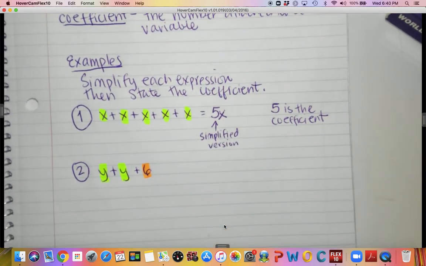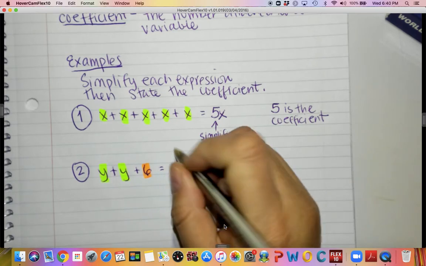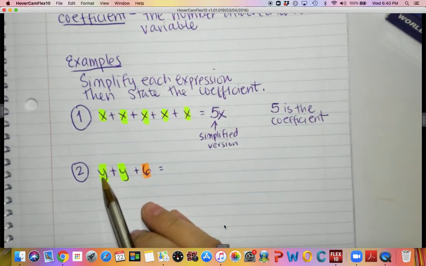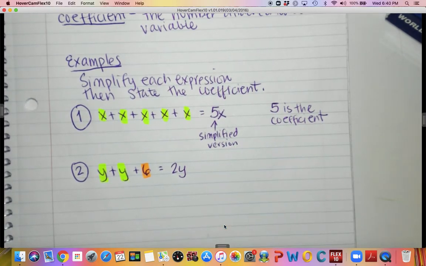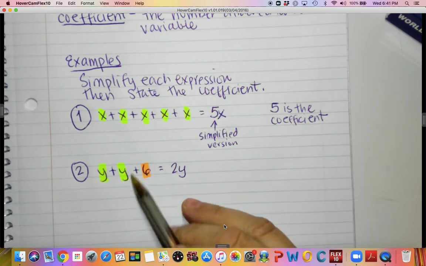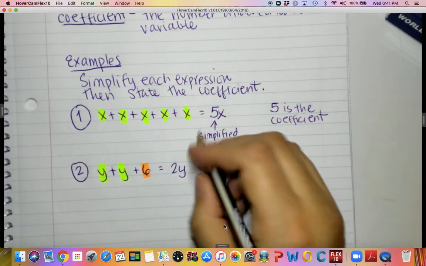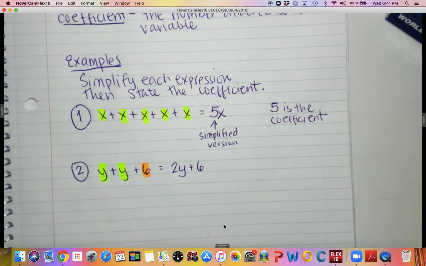The 6 doesn't have a y, and I cannot put it with the y's because it isn't a y. It is different. It's a number all by itself. So in order to simplify, I put these two y's together, which gives me 2y. And because I can't put the 6 with these y's, I just add it on at the end. So 2y plus 6 is the simplified version of the expression.